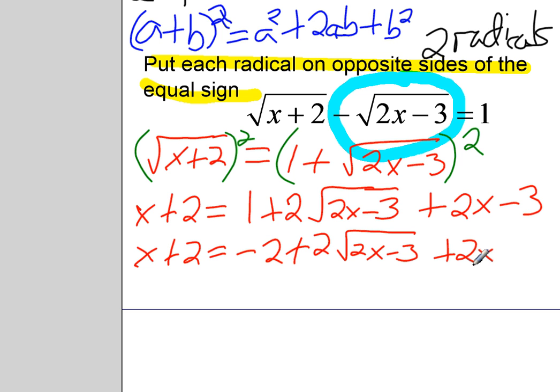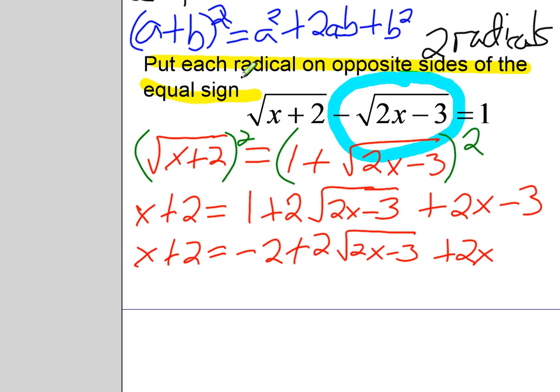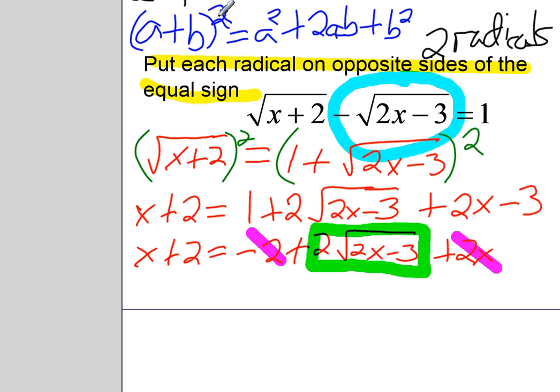All right, now I want to get the radical all by itself. So this term is going to stay there, and the other 2 terms I want to get rid of. I'm adding 2 to both sides of the equal sign, and I'm subtracting 2x.